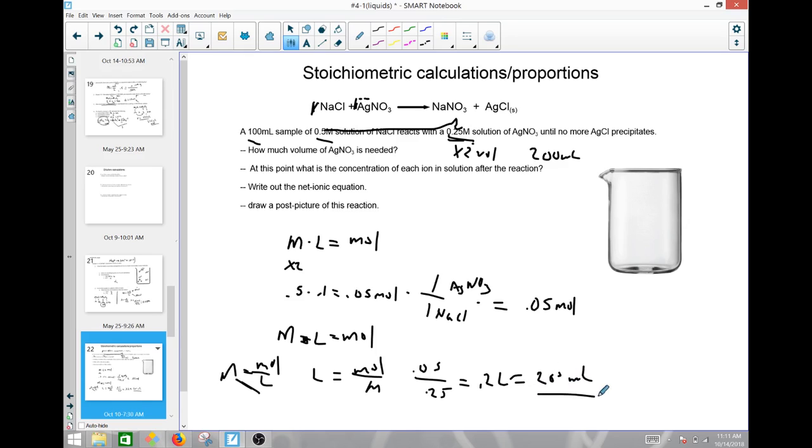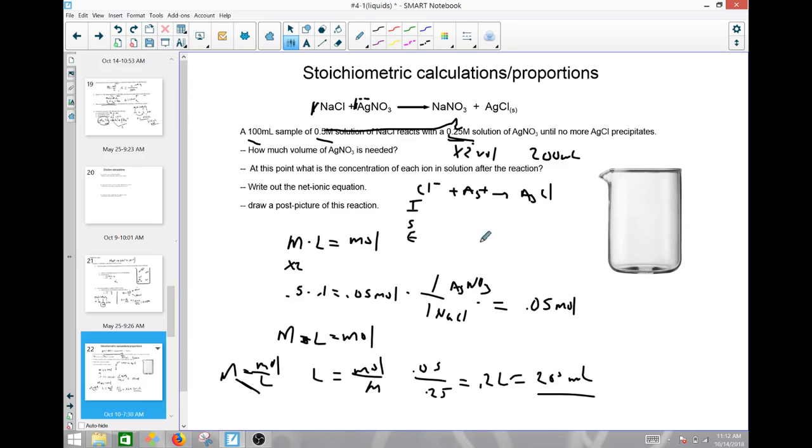I could also have done an ICE table where I have initial, stoichiometric ratio, end, showing that just ever so quickly. I'm going to use the net ionic equation. Cl minus plus Ag plus yields AgCl. And I could write in the initial, stoichiometric ratio, end.